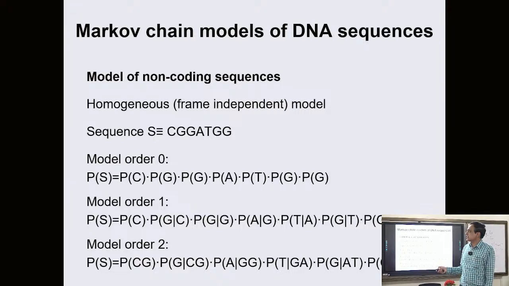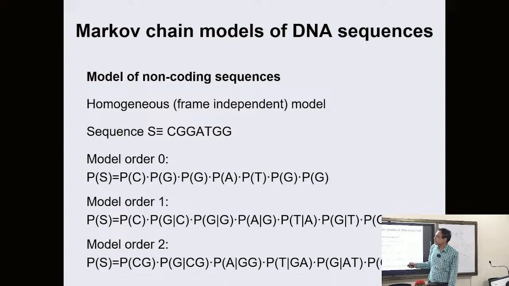If I am here, there is no previous base, so I can start in C and then move to G. Here, the occurrence of G depends on C. So I start in C, the initial probability of starting in C, and then make a transition to G, indicated by the probability of G given C. Then G given G, and so on, and the last is the probability of G given G. So, starting in C, making a transition to G, then to G and so on, finally in the end making a transition from G to G. Clear?